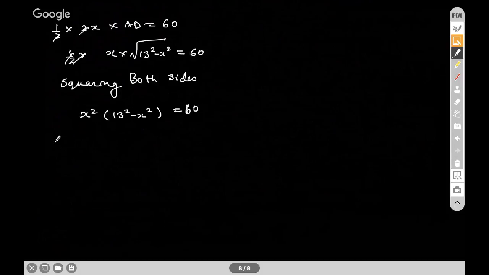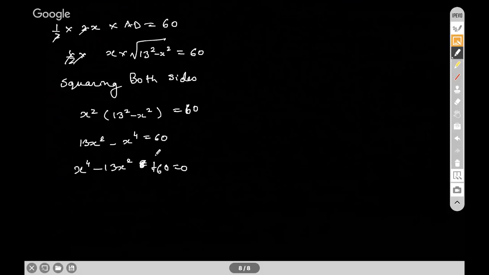Isn't it? So hence it is nothing but 13 square x square minus x to the power 4 is equal to 60 square. Or you can write x to the power 4 minus 13 square x square plus 60 square is equal to 0.